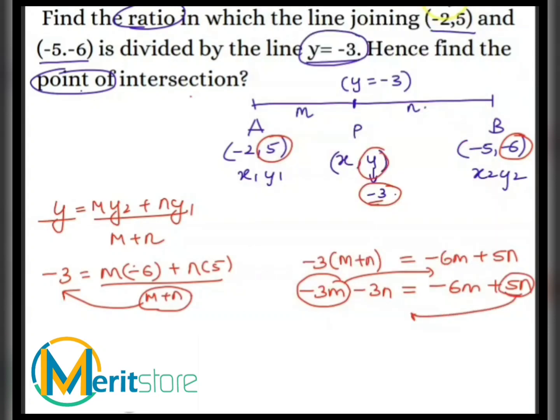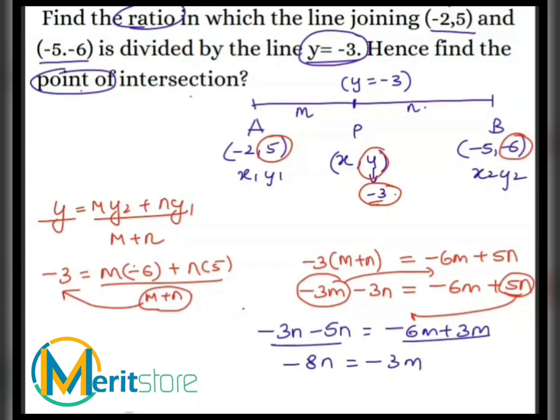So my equation further looks like -3n minus 5n is equal to -6m plus 3m. This becomes -8n and this becomes -3m. So I need the ratio as m upon n. So 8 remains here as it is, 3 comes down. Negative signs cancel. So the ratio m is to n will be 8 upon 3. That's the ratio. We've got the first thing.